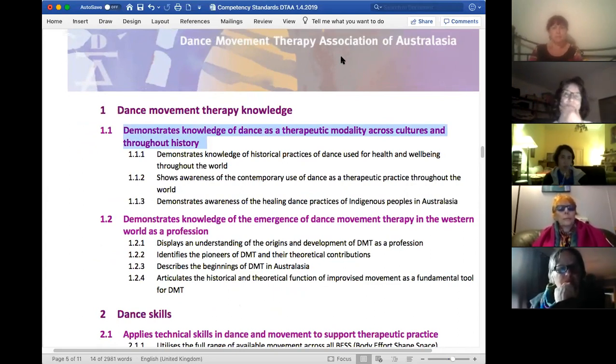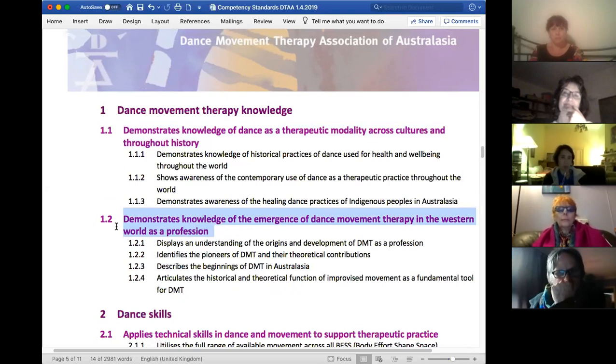And the second one is about the emergence of dance movement therapy. It has emerged in the Western world as a profession, which is what we're interested in, and dance as a therapeutic modality has existed across cultures and throughout history.